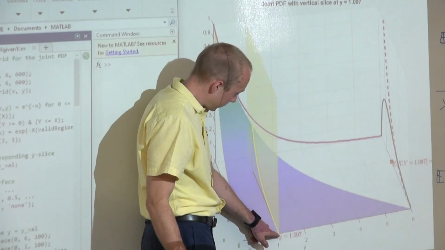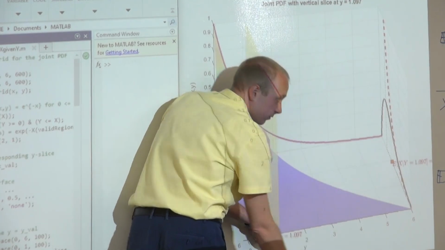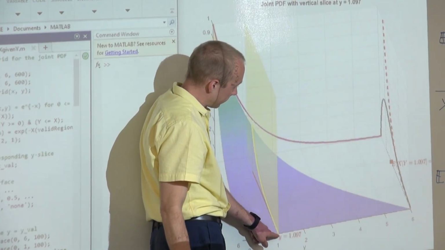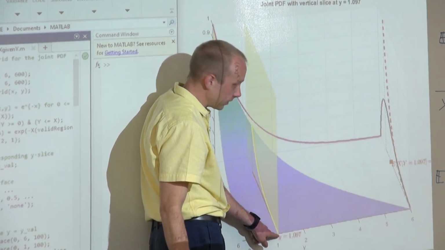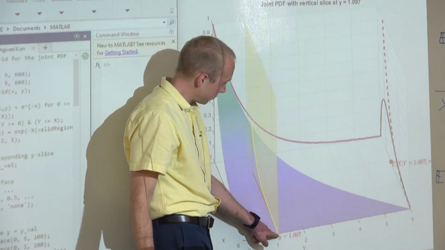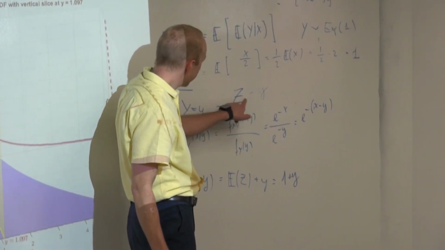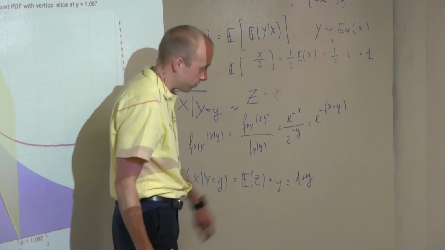So given that y is y, x lives on the line from y to plus infinity, no? Yes? Yes. And the density of this x conditional on y, we have said that is an exponential shifted by what y happens to be.